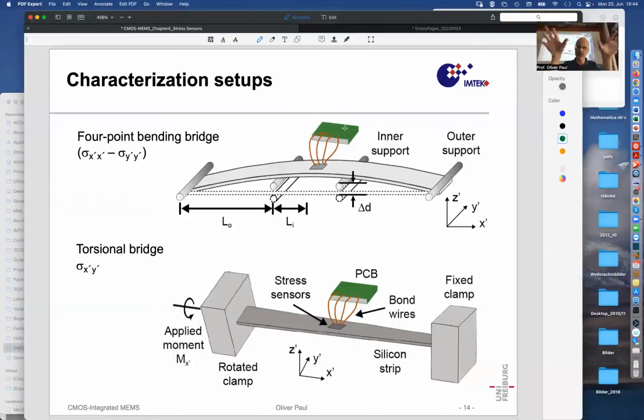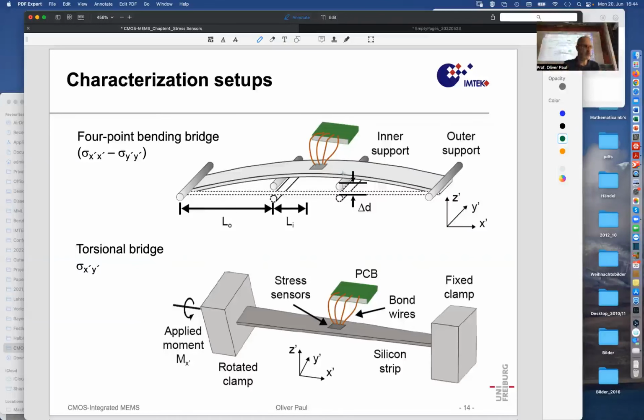And then this bending bridge is bent in a very well-controlled fashion between some fixed supports that are out here, the outer supports, and some inner supports that just move up and at some point contact this stripe of silicon and then move higher up to give it its bend.